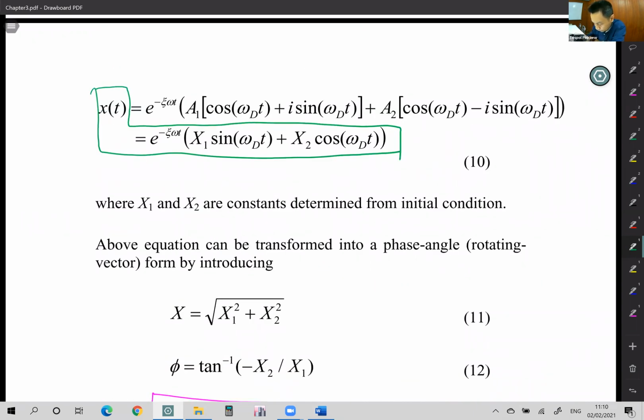At time t equal to 0, you can write down x0 equal to e to the power 0 times X1 sine of 0 plus big X2 cosine of 0, right?